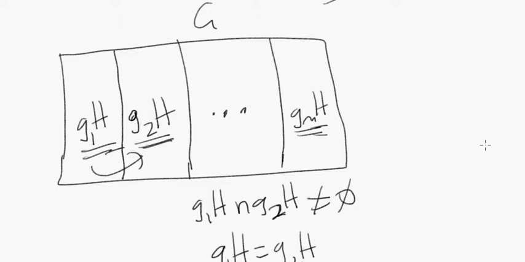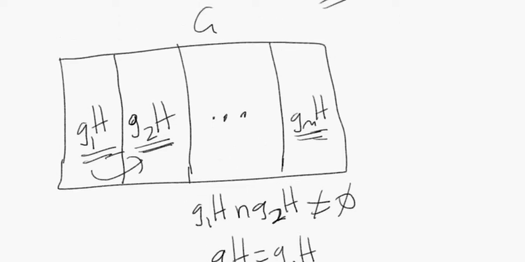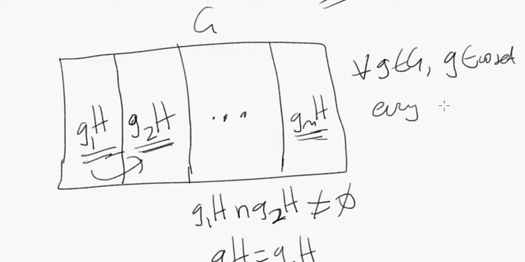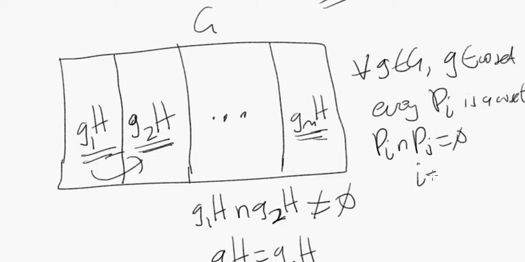How can we modify our partition to guarantee us that for all g in G, g is an element of some coset? Every Pi is a coset. And also to guarantee that Pi intersect Pj is always empty if i does not equal j.